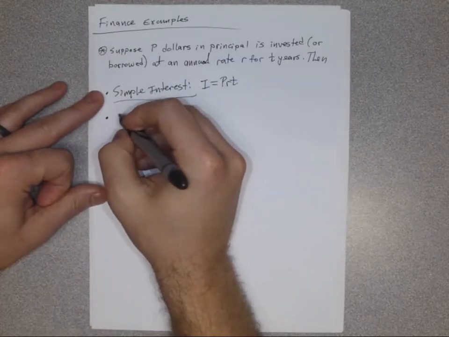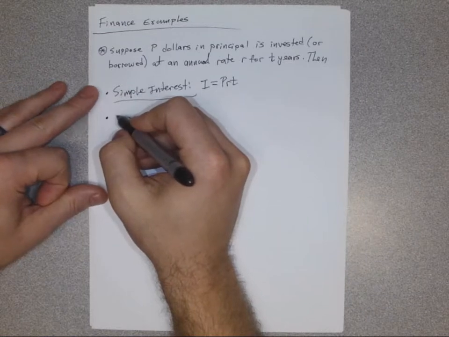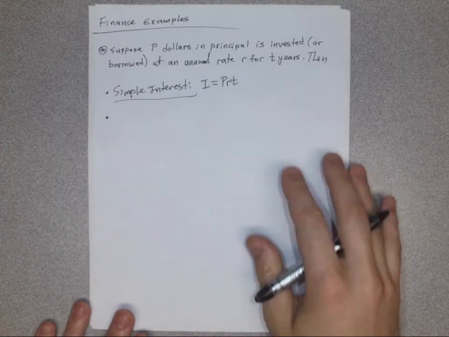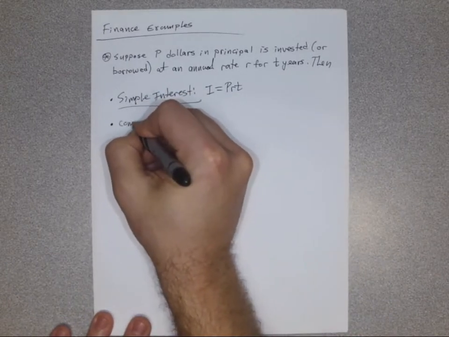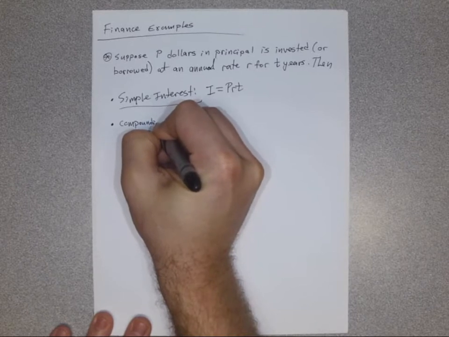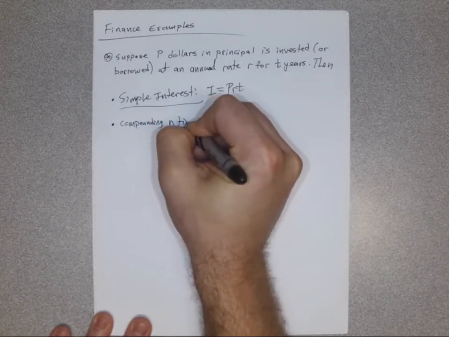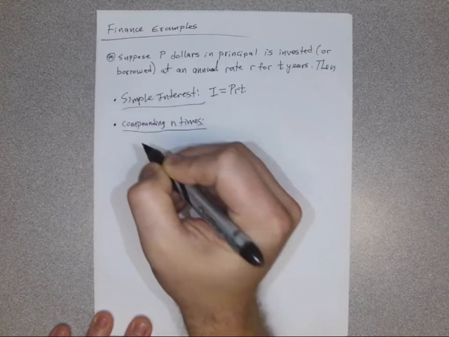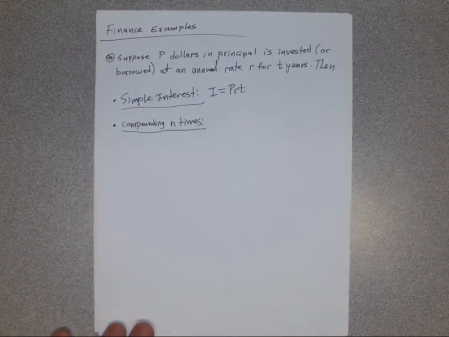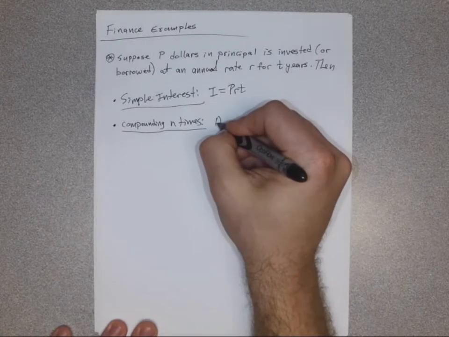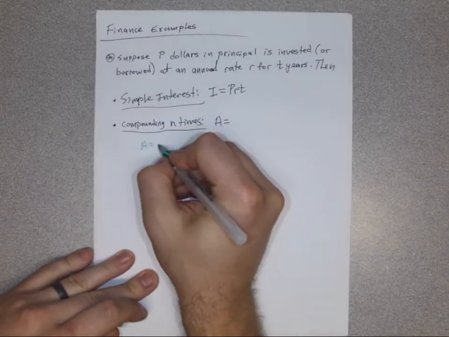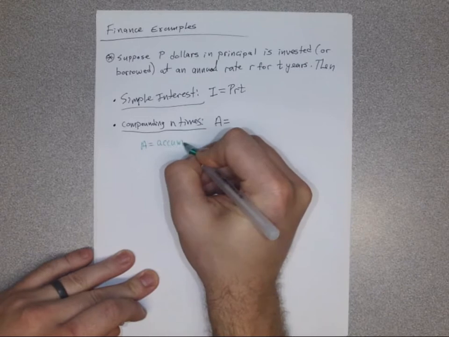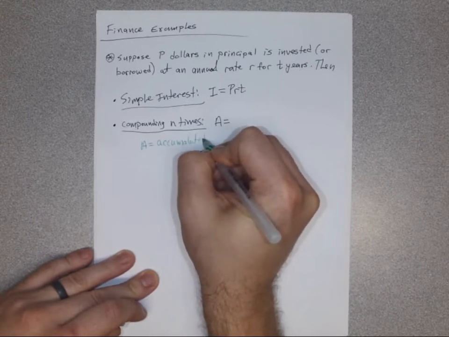This one is called compounding. Compounding n times, and I'll get to what n is here in a second. It's just another thing we need to plug in. So it's labeled as A, and A here is our accumulated value.